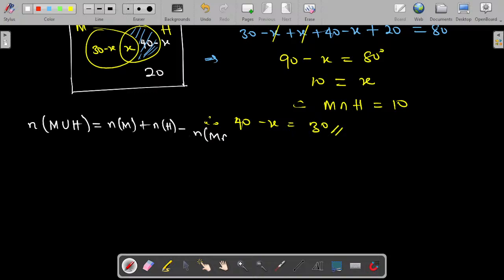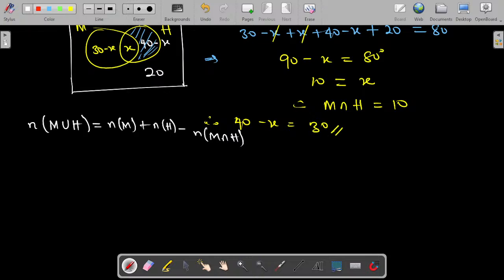So this is actually correct. That's joining these two circles and then removing their intersection.